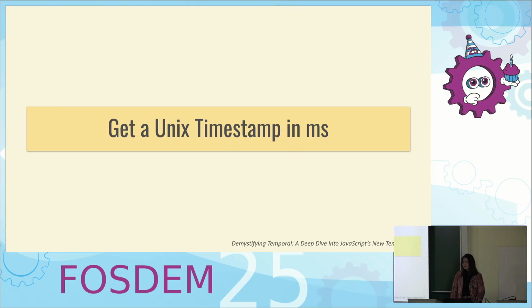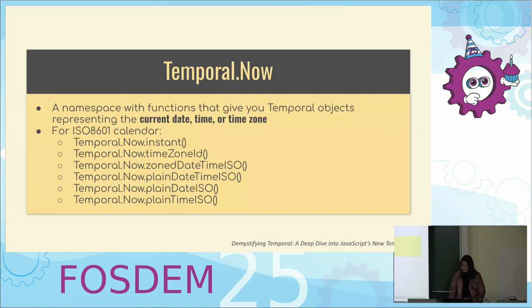This is a very popular question, it's the number 1 top voted question on Stack Overflow about the legacy Date. And when you think about it, a timestamp is an exact time. So we know we would use Instant, but how do we get the current time? Don't think too much about it. I haven't told you that yet.